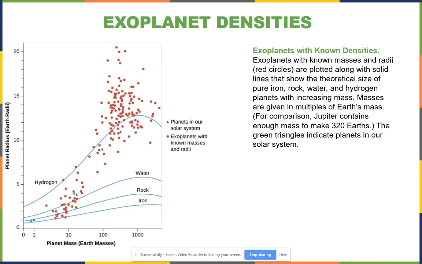Roughly 10, a little bit bigger than 10 Earth masses. Which planets would those be? The ice giants, right. Those would be Neptune and Uranus. And then we have Saturn and Jupiter. Right, so we've got those laid out.